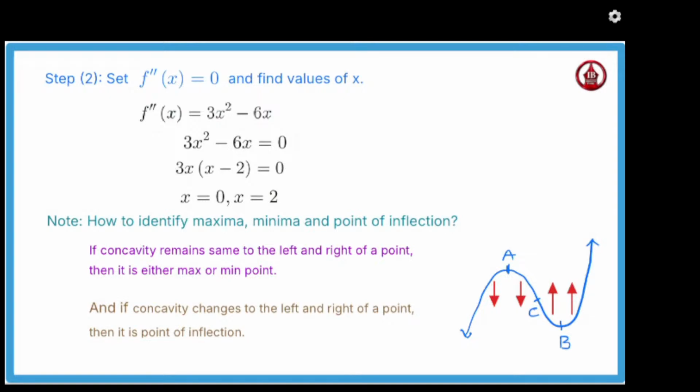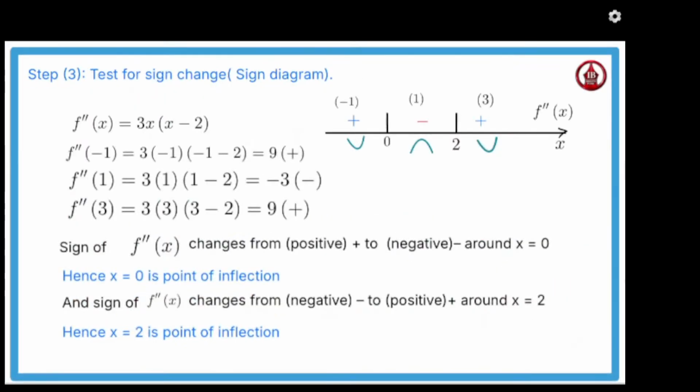So if concavity changes, then it is a point of inflection. And if concavity doesn't change, remains the same, then it is either a maximum or a minimum point. Is that clear? Okay. Let us go to the next part.